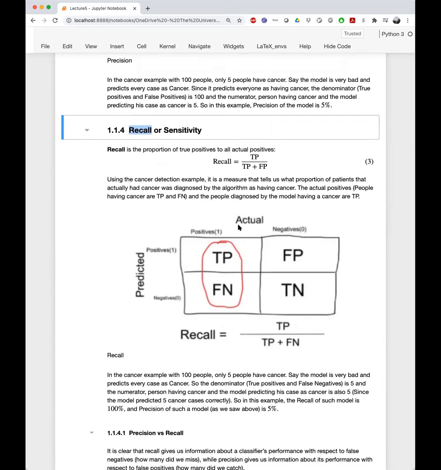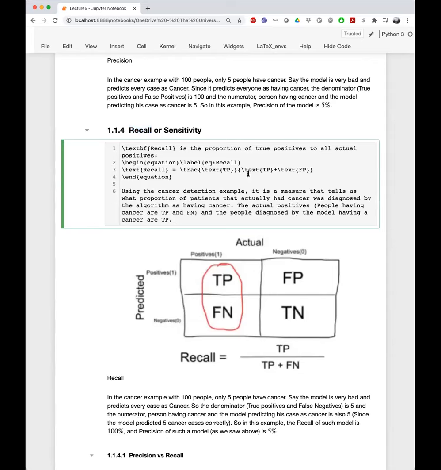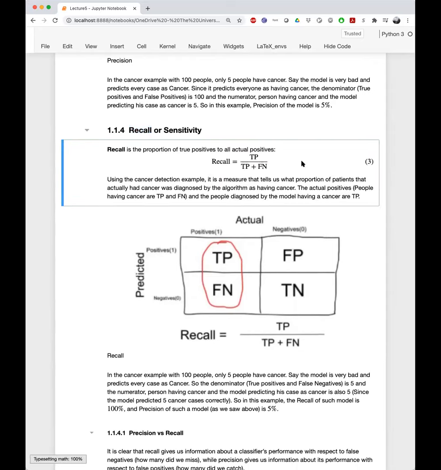What it really means is I want to see if I catch all of the positive cases. This is actually a typo that I should have detected earlier.